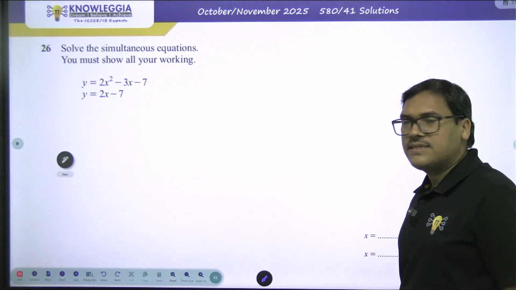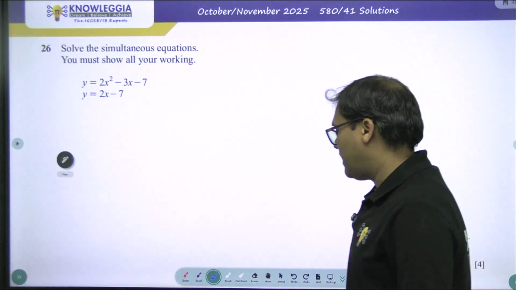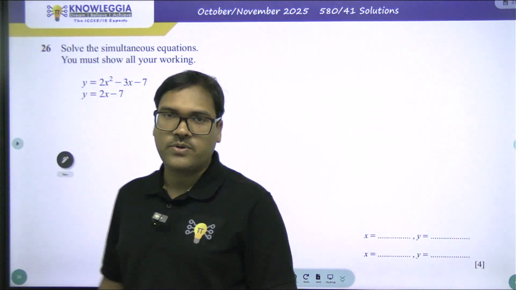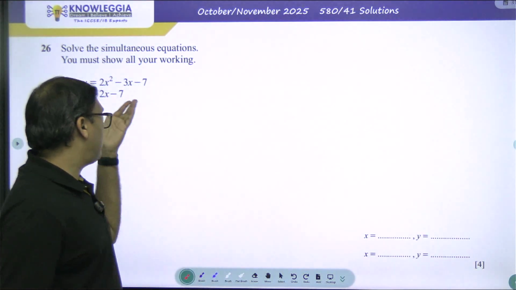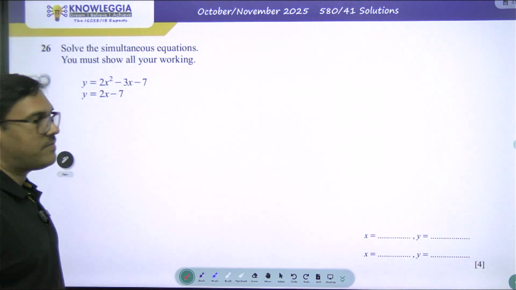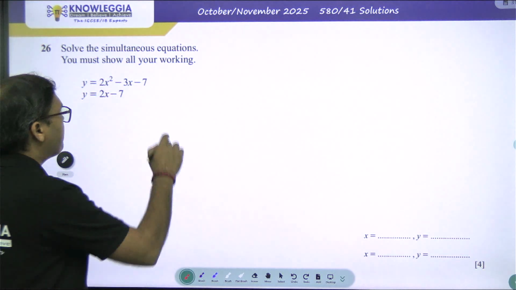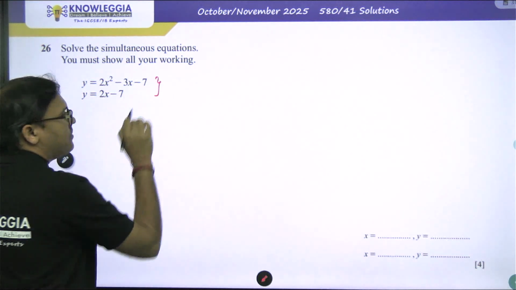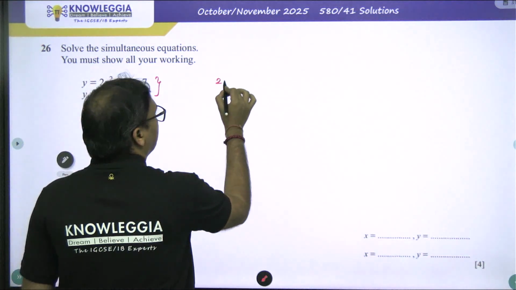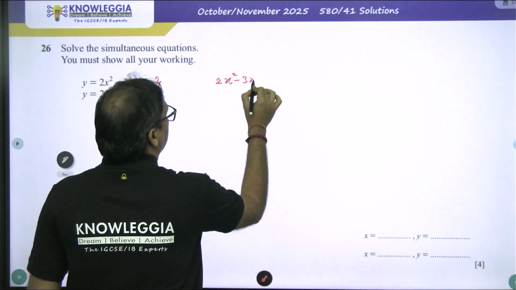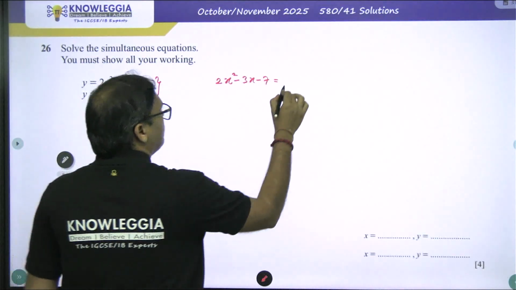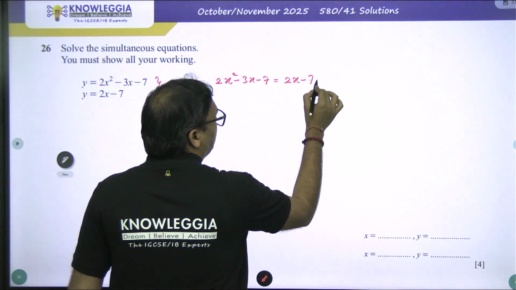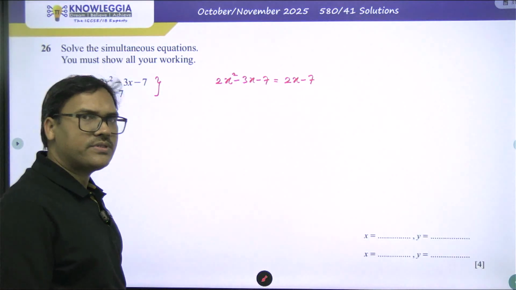To solve the simultaneous equations, one is a quadratic expression, and the other is a linear expression. So now how will you solve this? These two are the same values of y, so just equate them. So this is 2x squared minus 3x minus 7 equal to 2x minus 7, right? A non-linear equation and a linear equation.